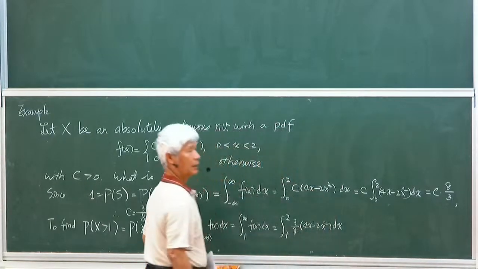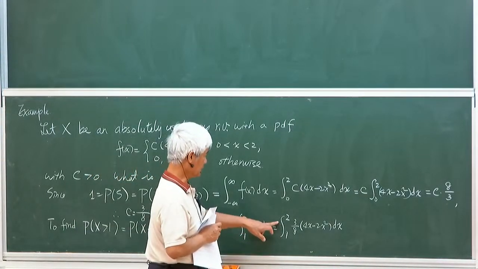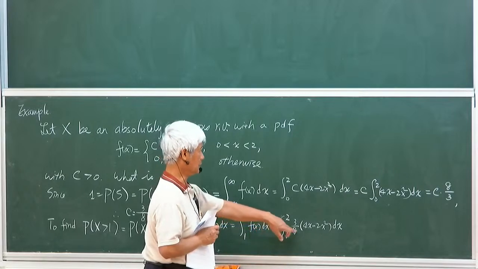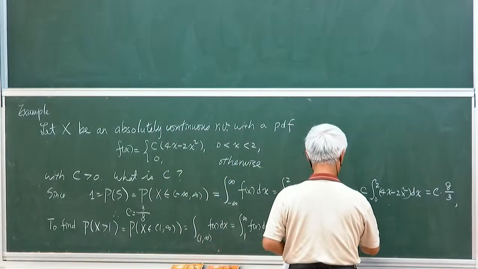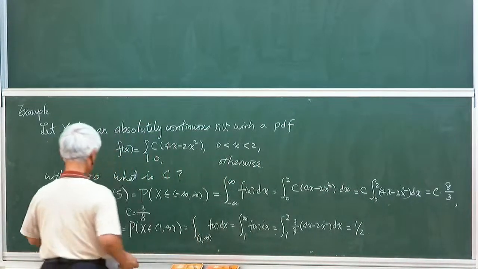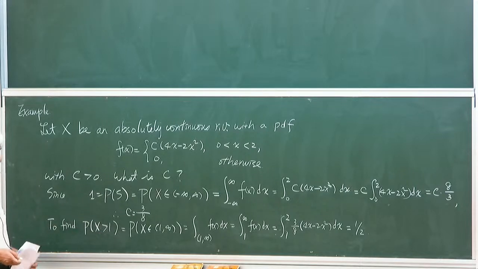Okay, all right. So the integration is from 1 to 2, and you can do the integration, and you'll find that this is 1/2. Okay. So the probability of this event to occur is equal to 1/2.